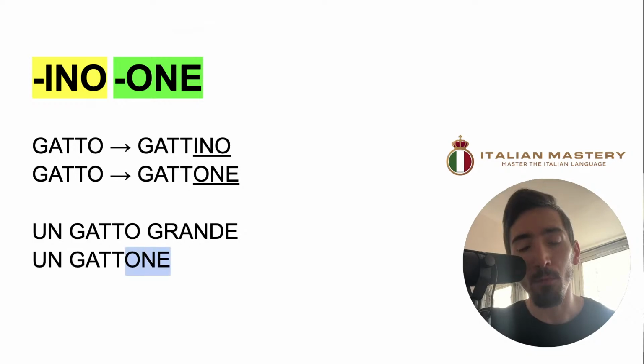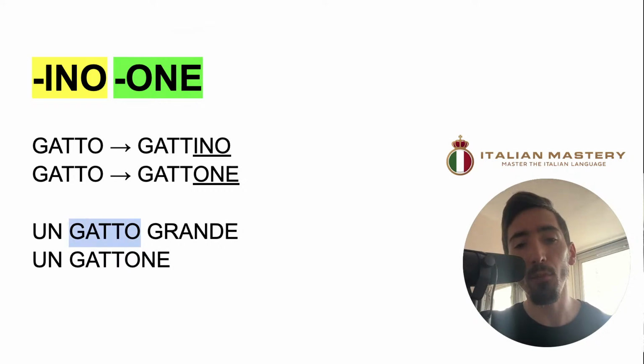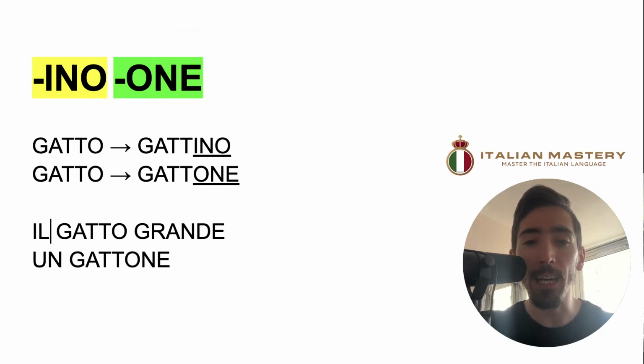So, for example, what do we do if we have a different gender or a different number, right? So gender and plurality. In this case, we are talking about a cat, a male cat or a generic cat in its singular form. What about if we said il gatto grande?